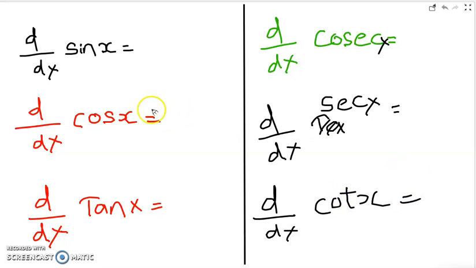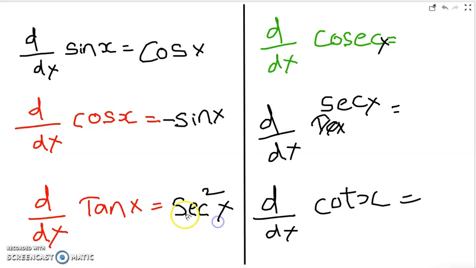d by dx of sin x is cos x. In the same way, cos x is minus sin x. Tan x is sec square x.